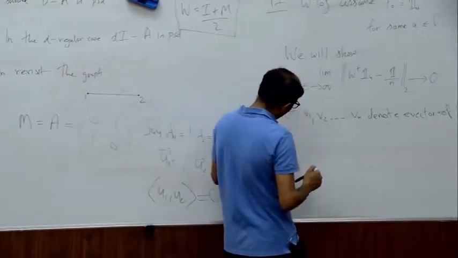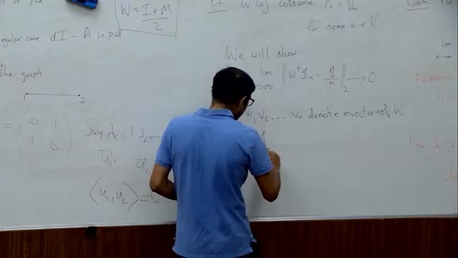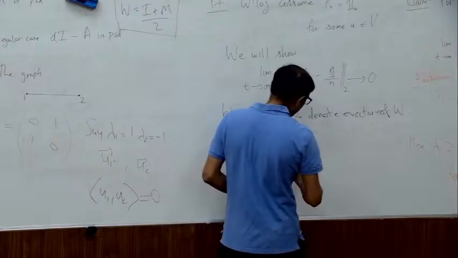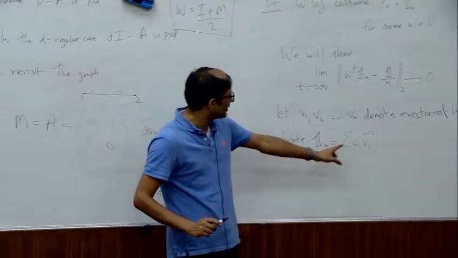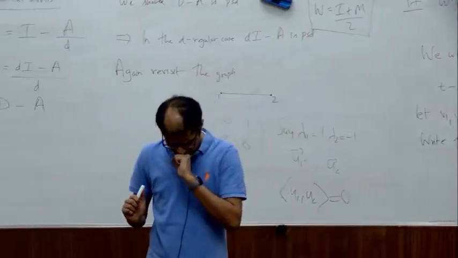So write 1 sub u as a sum of these vectors, that is, express 1 sub u as a linear combination of the eigenvectors. Okay, that's all I'm doing.